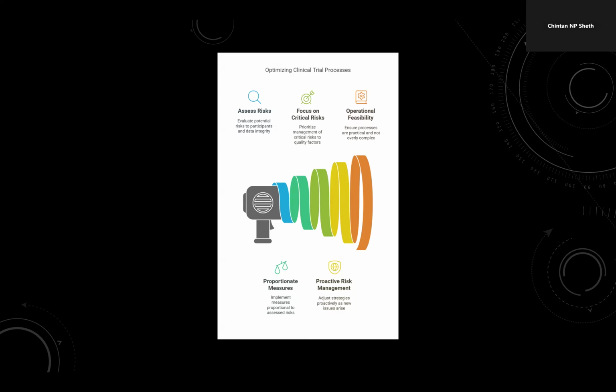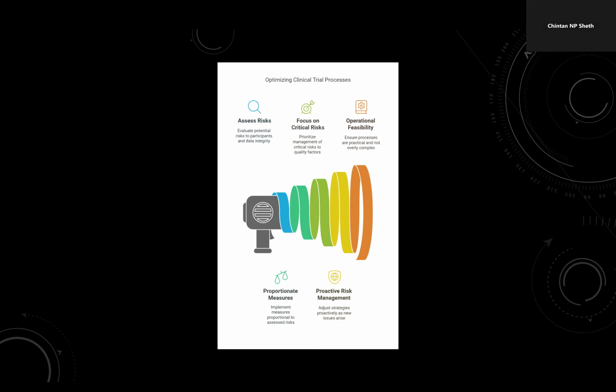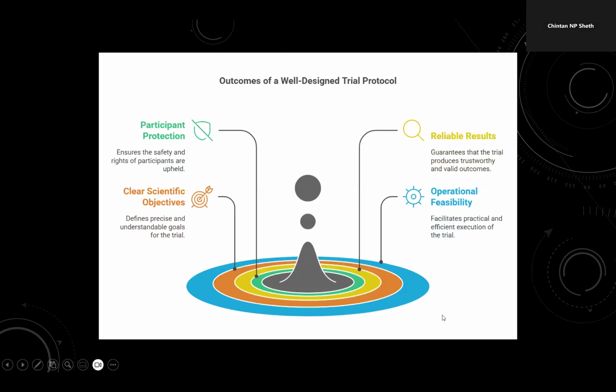The next principle talks about the design of a trial protocol, which reads as: clinical trials should be described in a clear, concise, scientifically sound, and operationally feasible protocol.